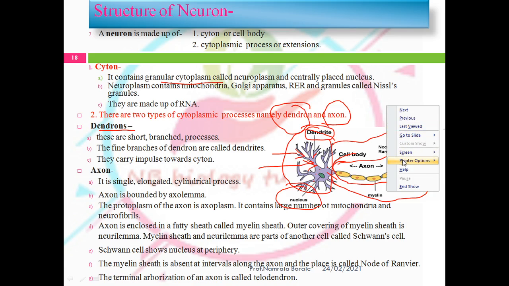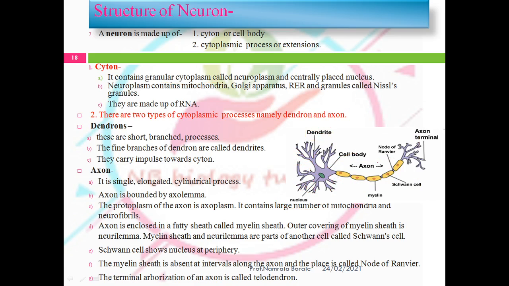axon. So what is this axon? This part is the axon. The axon is a single, elongated, cylindrical process. The axon is bound by the axolemma. The protoplasm of the axon is called the axoplasm. It contains a large number of mitochondria and neurofibrils.